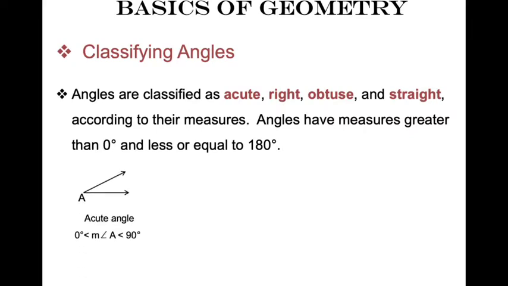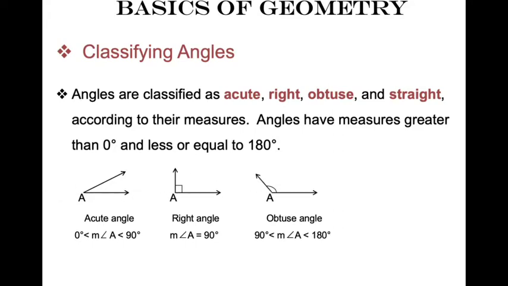The acute angle will typically be less than 90 degrees. The right angle will measure 90 degrees. The obtuse one always measures more than 90 degrees, but less than 180 degrees. And a straight line is 180 degrees. These are the simplest basics of angles in terms of geometry.